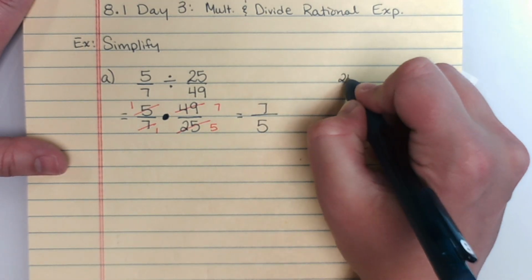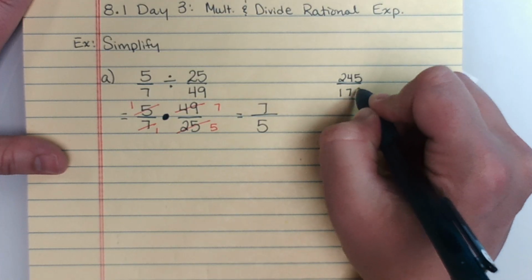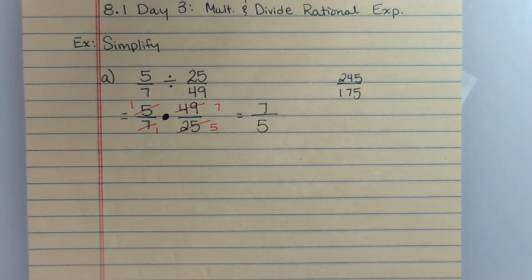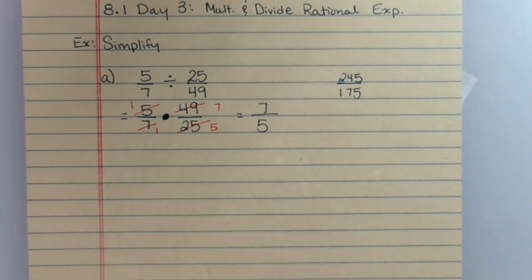Had you done that, you would have gotten 245 over 175. The problem is that you then have to simplify that. And that's where cross simplification helps us. Because while I have zeroed down in my mind, when you look at 245 and 175, you could probably figure out that divides by 5.